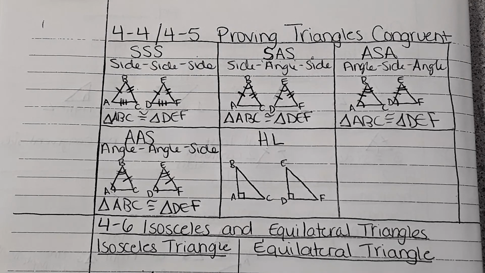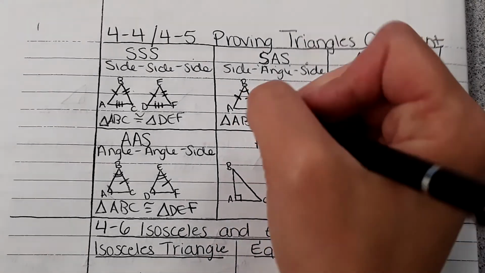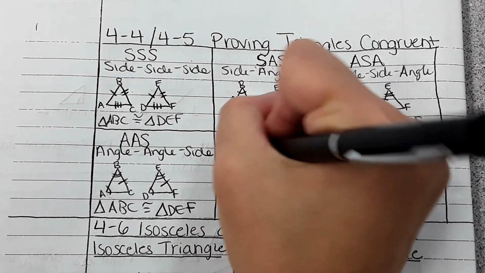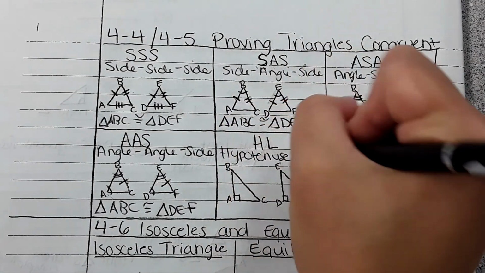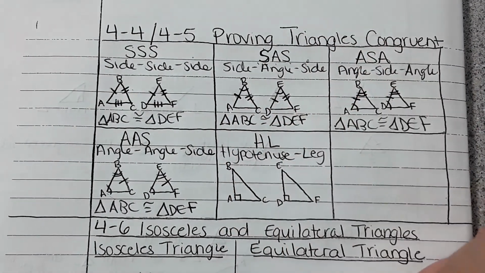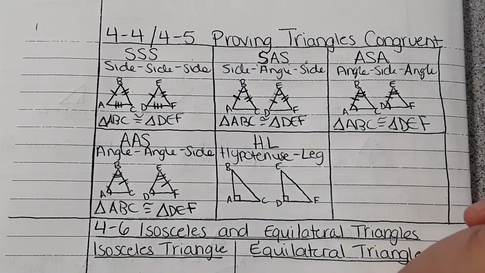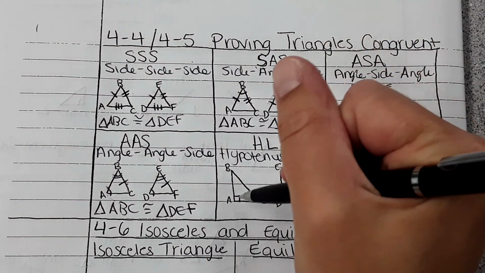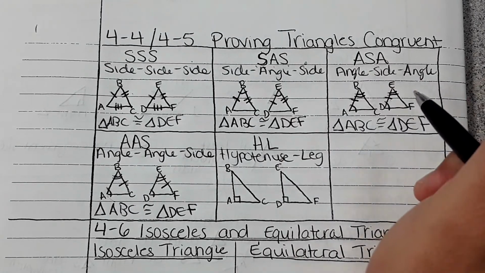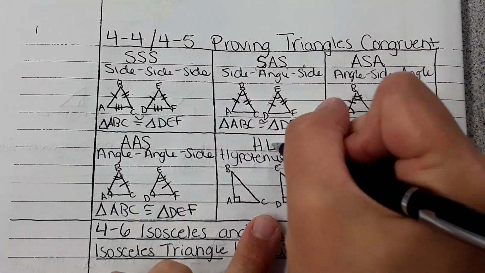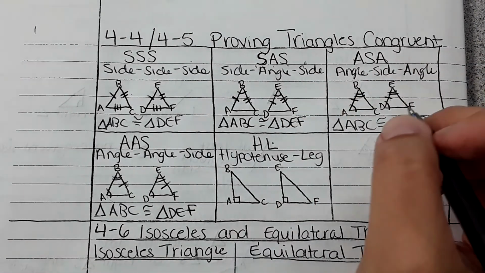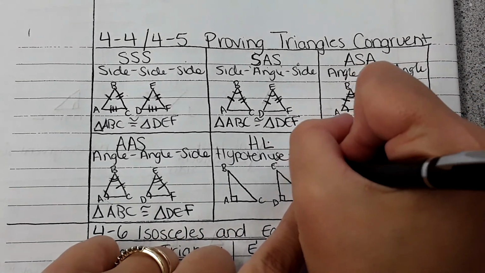And the next one is HL. What does that stand for? It stands for hypotenuse leg. Hypotenuse is something that's only used with right triangles, and this theorem can only be used with right triangles. So just make a note that this is only for right triangles.